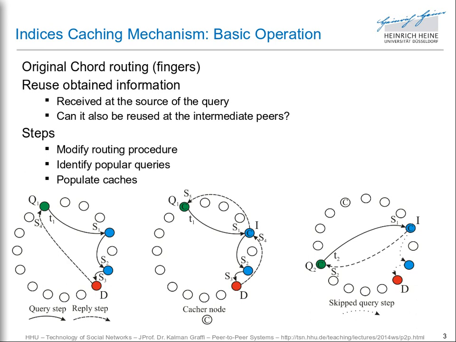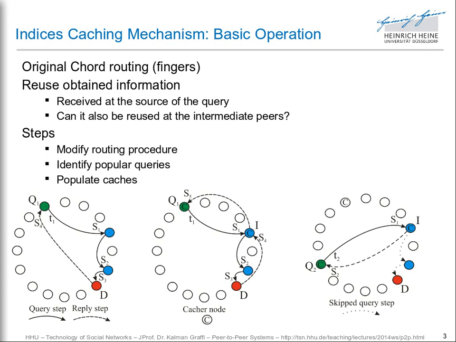This is shown here. We have the same request, first of all forwarded to S1, which now acts like a cacher and restarts this query to D and gets the information back after 2 steps and can pass this information to Q1.